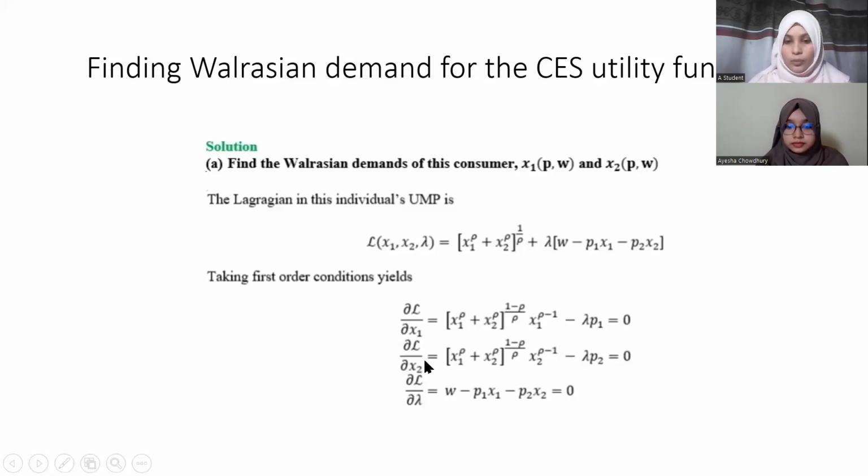Then with x2: (x1^rho + x2^rho)^((1-rho)/rho) times x2^(rho-1) minus lambda p2 equals 0. Then with lambda, it yields w minus p1 x1 minus p2 x2 equals 0.